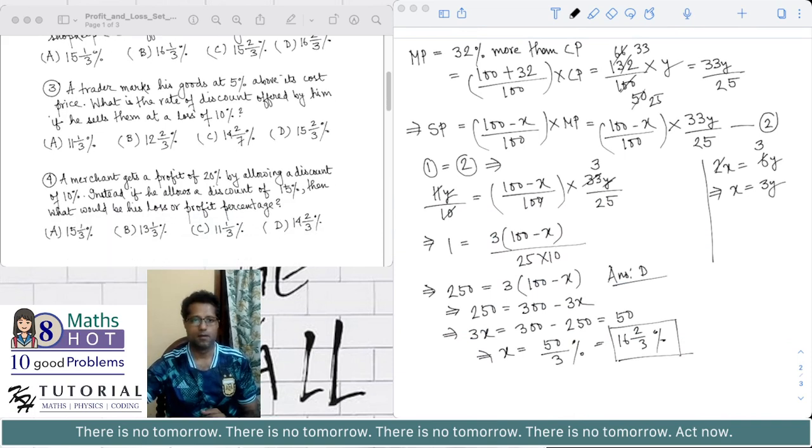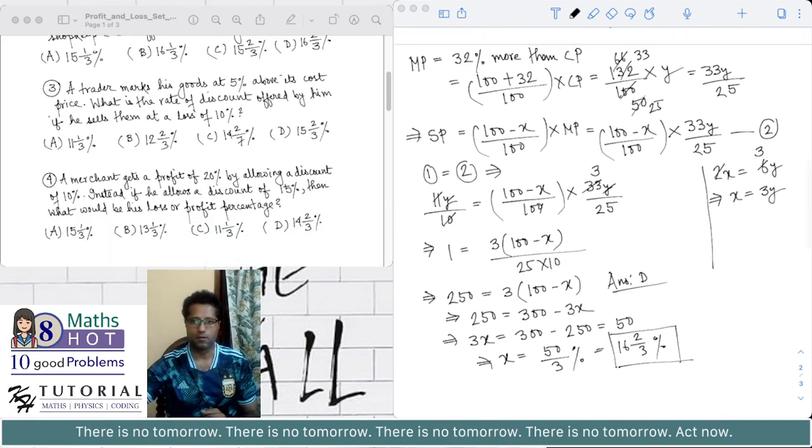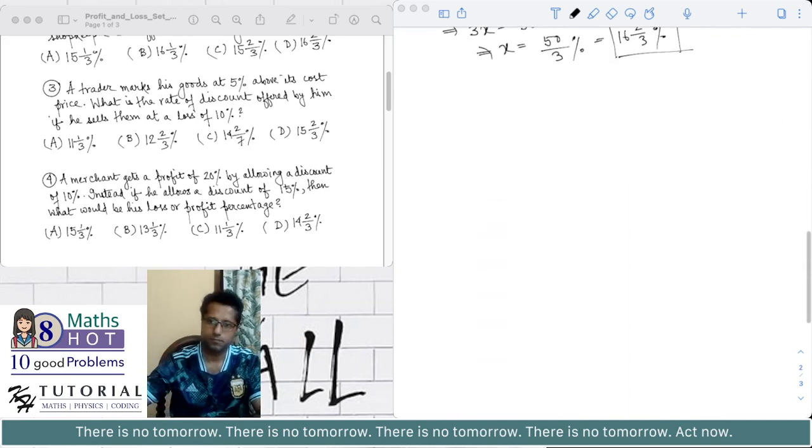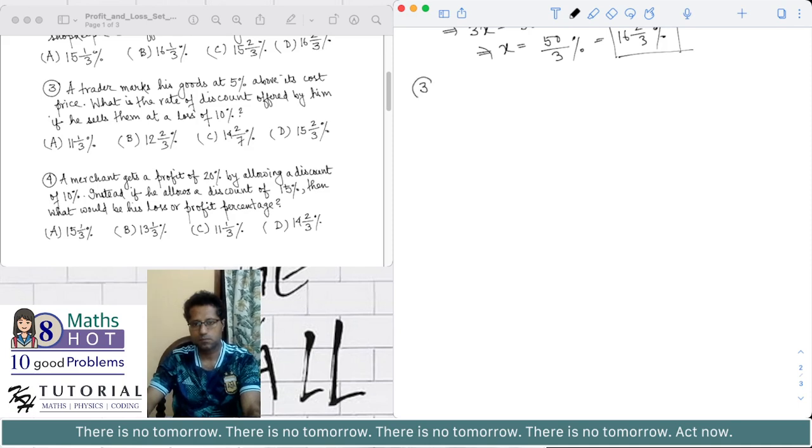Okay, let's do problem number 3. A trader marks his goods at 5% above its cost price.